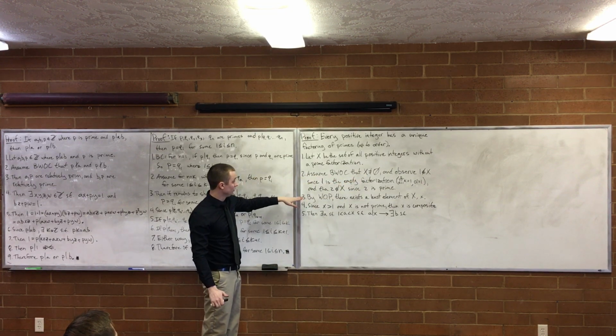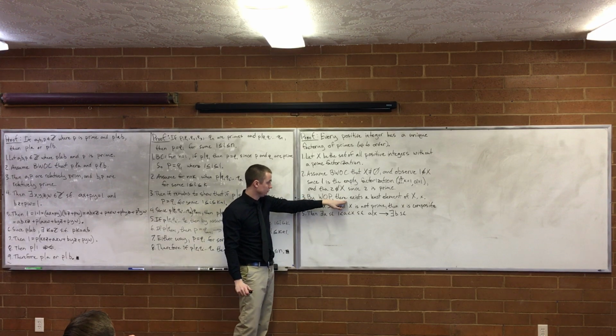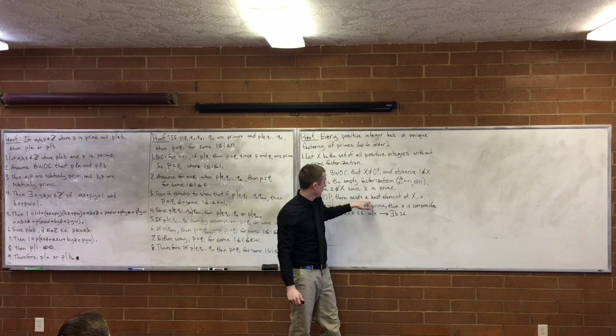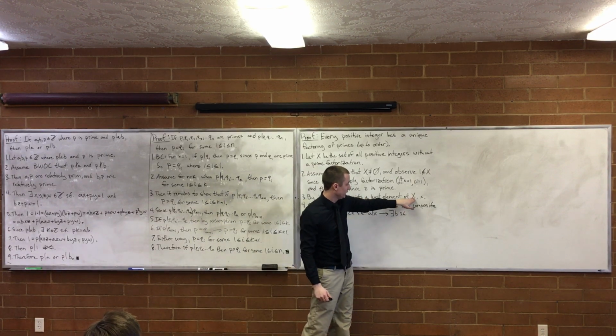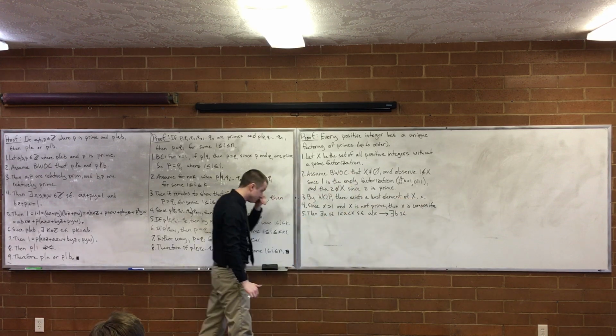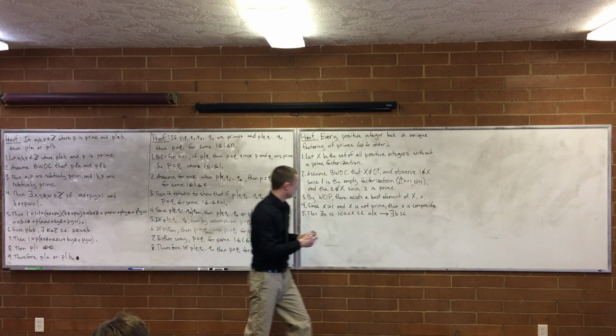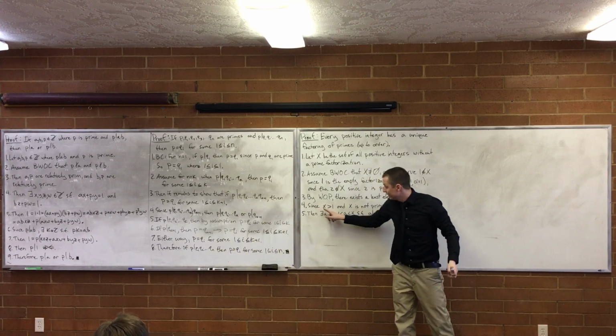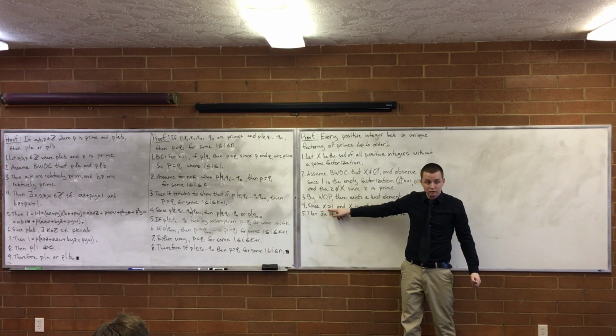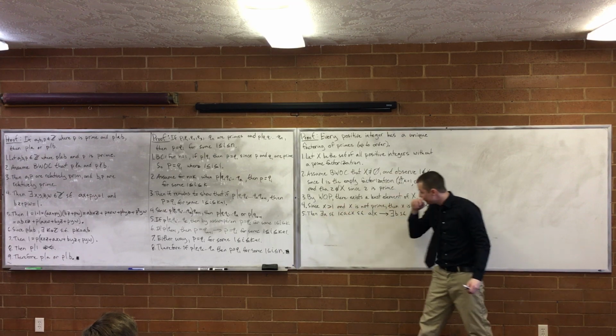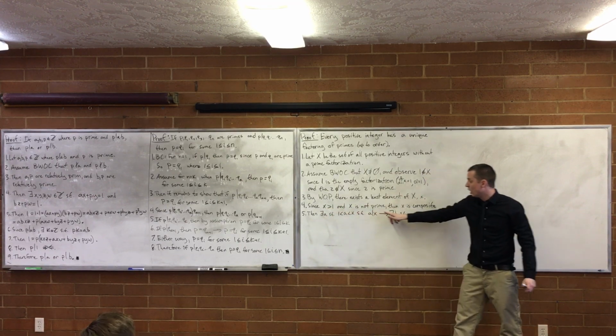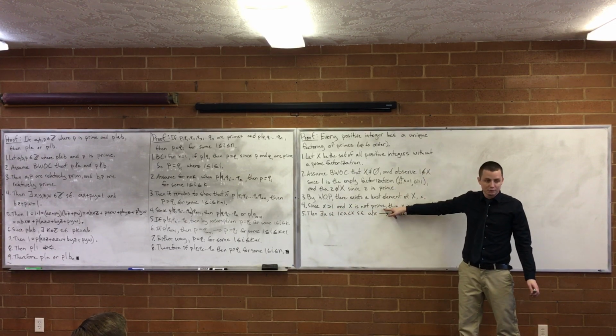Okay. So by the well-ordering principle, there exists a least element of big X. We'll call it little x. So we know that little x is greater than 1, because 1 is not in there. And we know that x is not prime. How do I know that little x isn't prime?